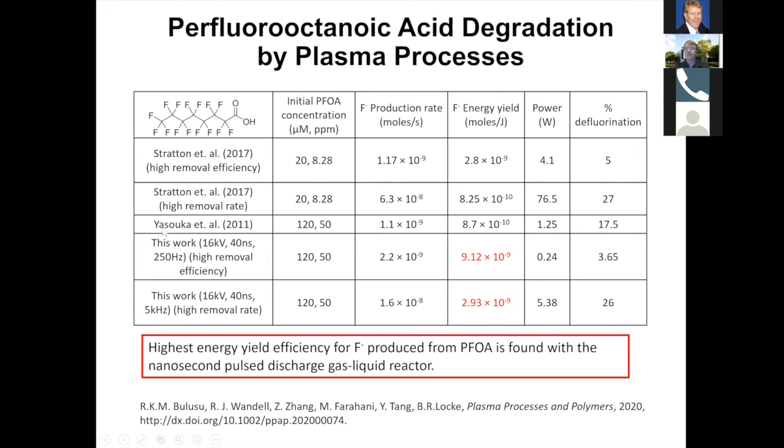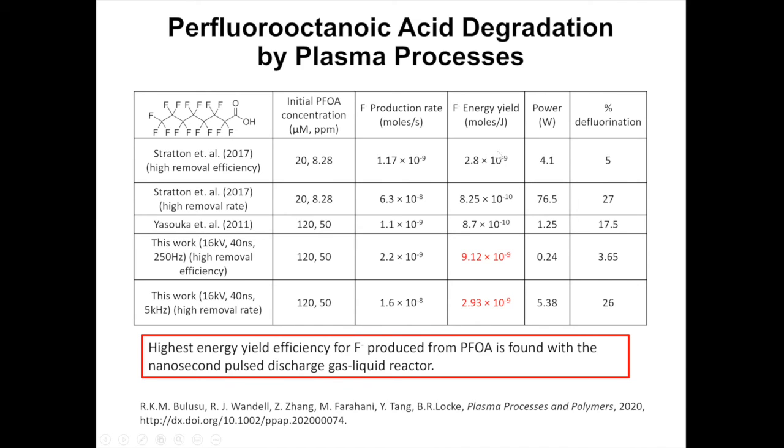There's also a group in Japan, Yasuoka, using a little bit different type of plasma process, and then our process. So in our early work, we didn't have the capability in our own lab to analyze the PFOA itself. So we were measuring fluoride as an indicator of the partial mineralization of the parent compound. And so these comparisons are based upon fluoride production.